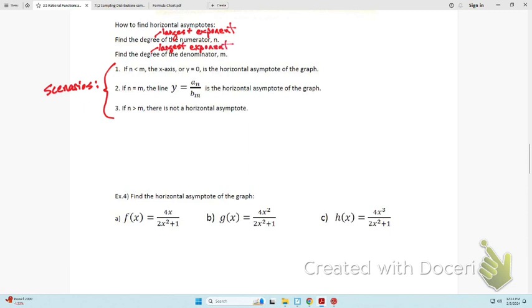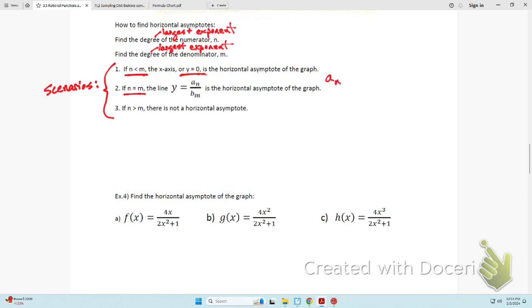So all you're doing is you're comparing n to m, and if n is smaller, then it's a quick answer. You know y equals 0 is the horizontal. If they are the same, they equal each other, then you have to figure out this fraction.